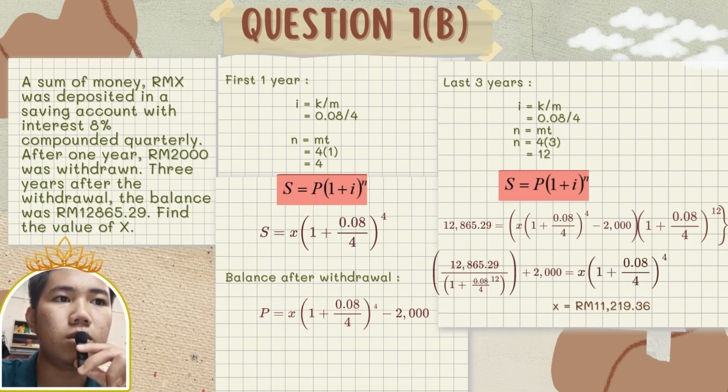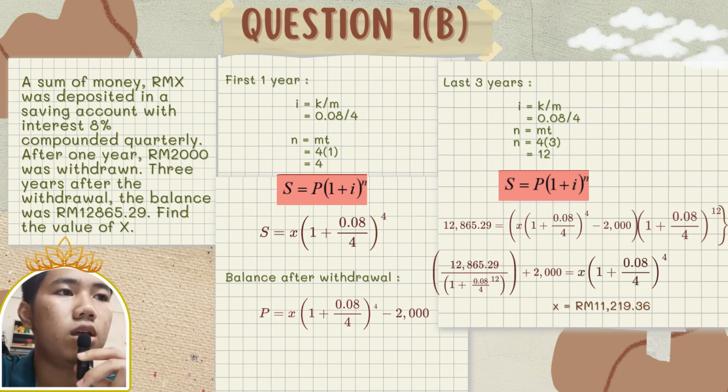For the solution, we will be using the compound interest formula, which is S equals P(1 + i) powered by n. For the first 1 year, i equals 0.08 over 4, n equals 4. After we insert the information into the formula, we get the balance after withdrawal, which is P equals X(1 + 0.08/4) powered by 4, minus 2,000.